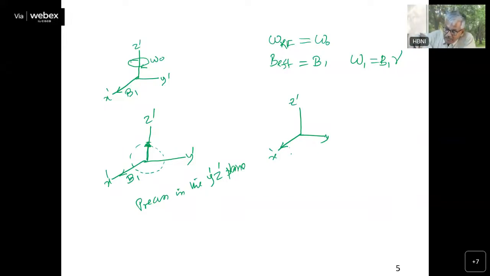Once you apply the B1, the magnetization will move from the Z prime axis to the Y prime axis.